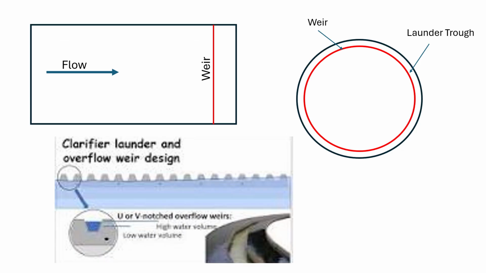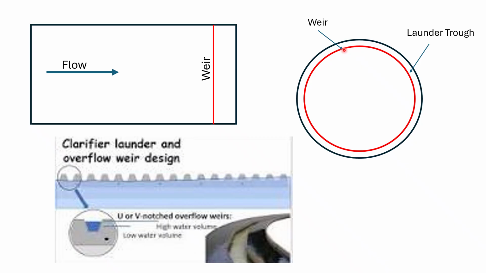And let's take a look at that. Okay, so for a rectangular basin here, we have inflow or influent coming in, and that influent is going to move from left to right, and it's going to eventually leave the rectangular basin on the right hand side. And in order for the treated effluent, the cleared or supernatant water, to leave, it's going to take this exit, this weir that's across that one dimension, the width of the rectangular basin.